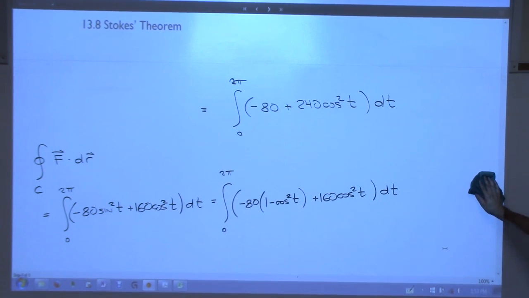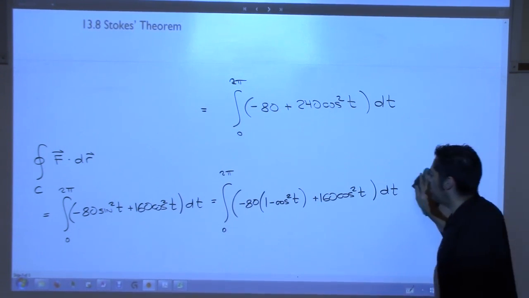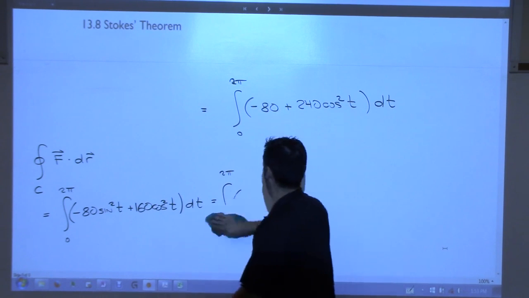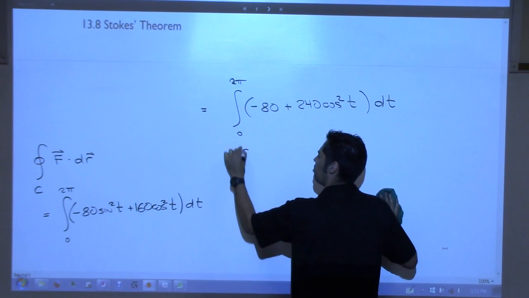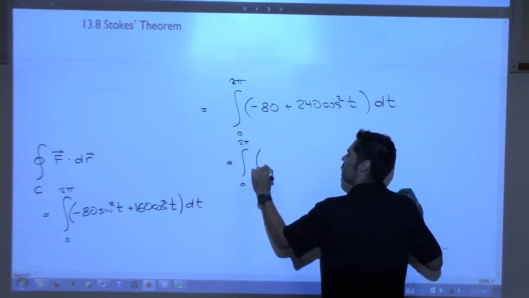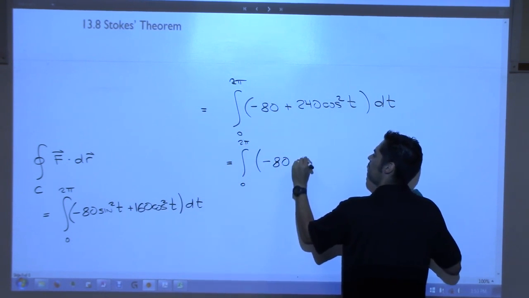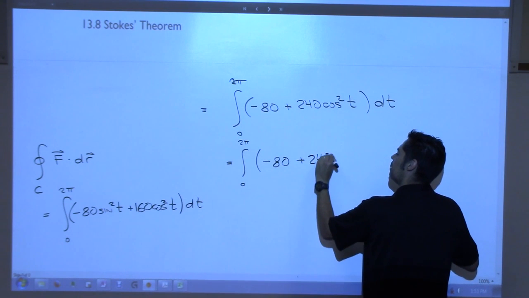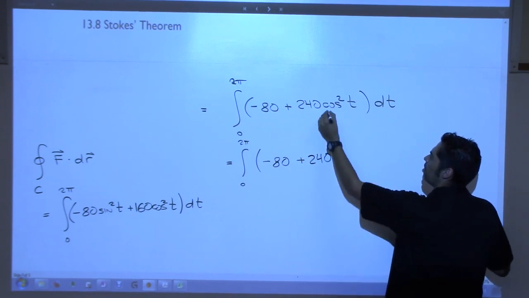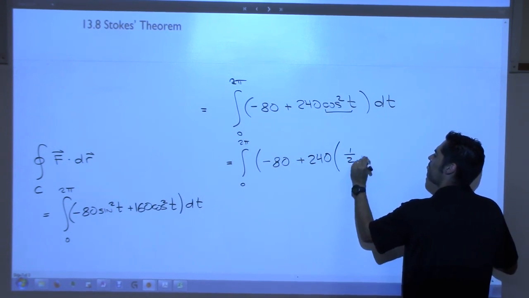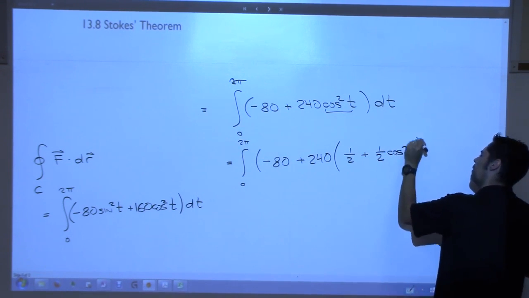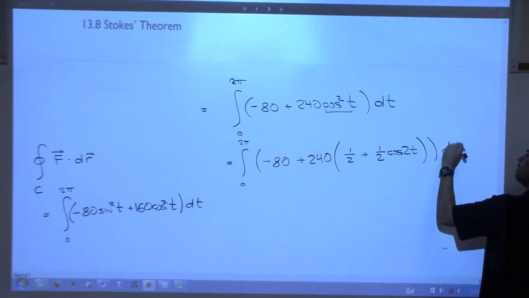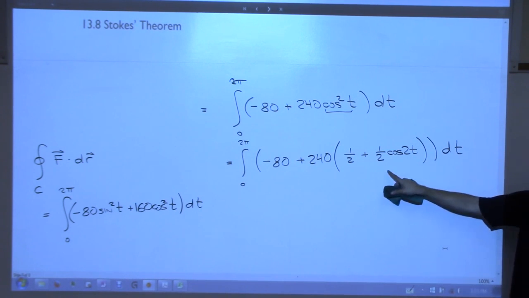Still good? All right, what do we do when we're trying to integrate cosine squared? Power reduce. So this is 0 to pi negative 80 plus 240, and then this right here becomes 1/2 plus 1/2 cosine 2t. That look familiar? You've done that a million times.